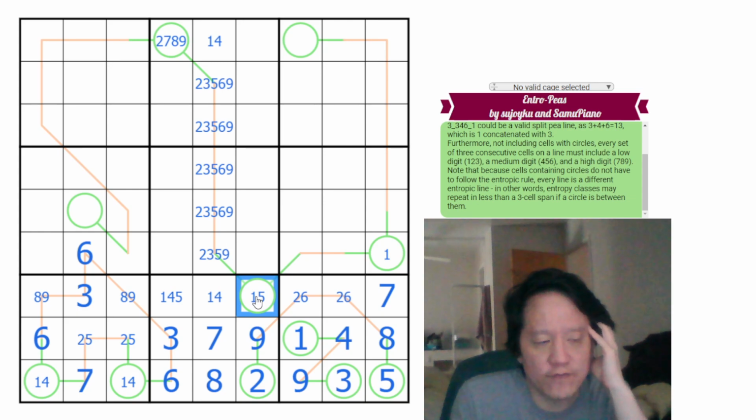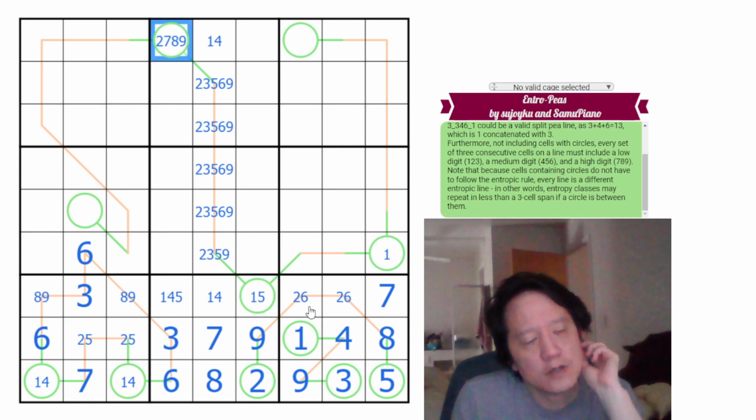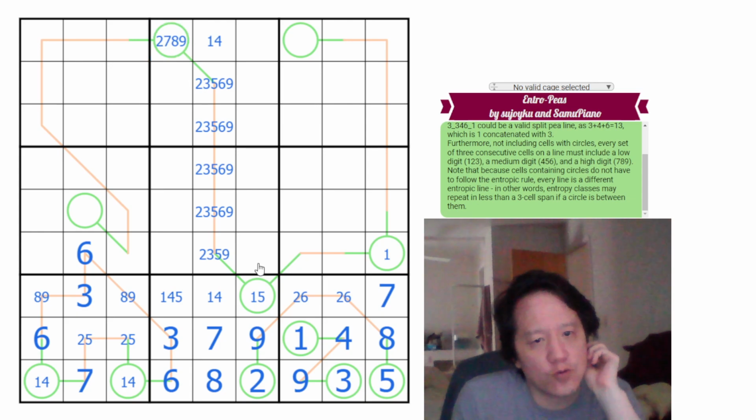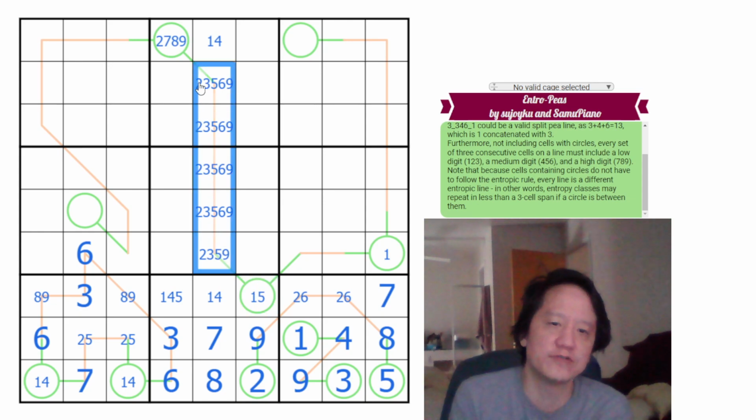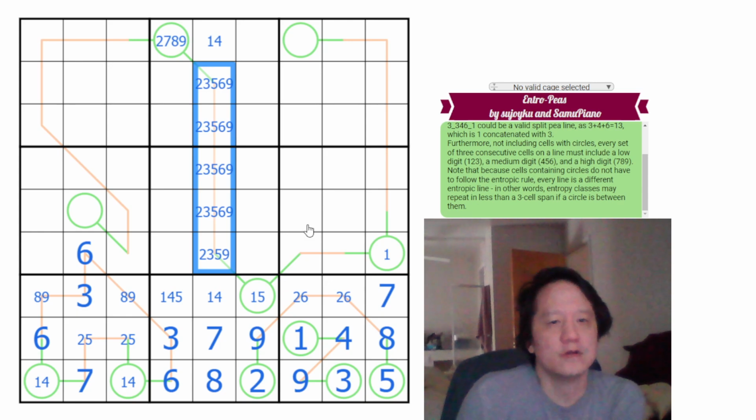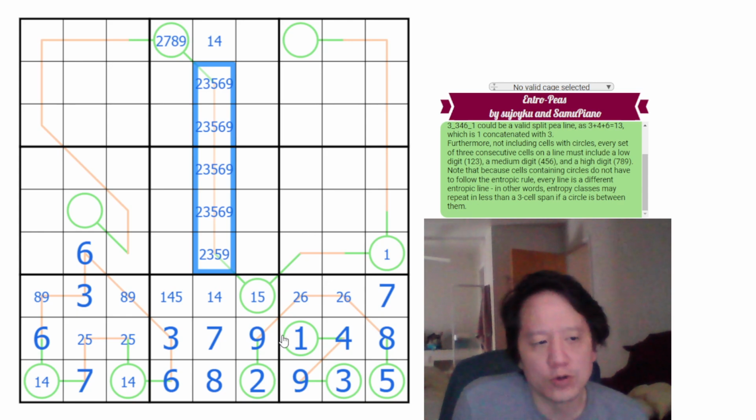Can it be 24 or 21 is the question. So it can't be 11, 15, 14. Can't be 16 from this because this would have to be 1 and 6. So can it be 24? The 25 was 2, 3, 5, 6, 9. What about 2, 3, 4, 6, 9? I think that works.